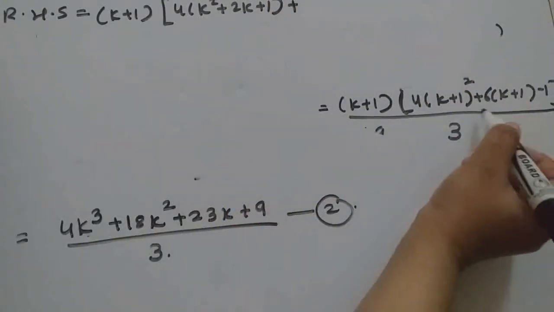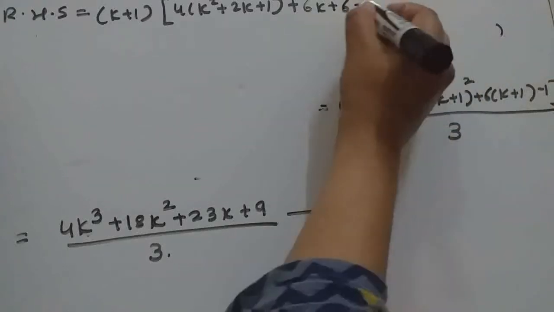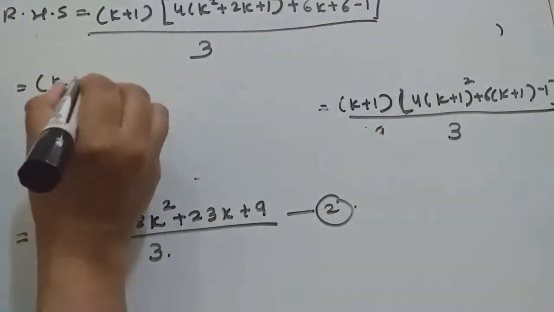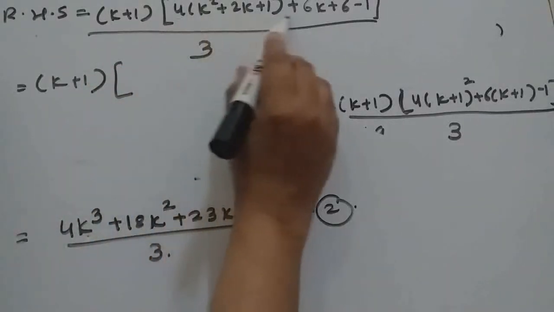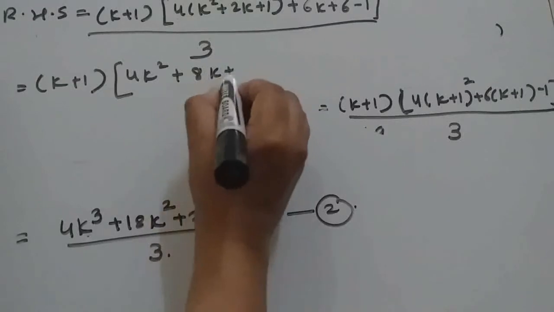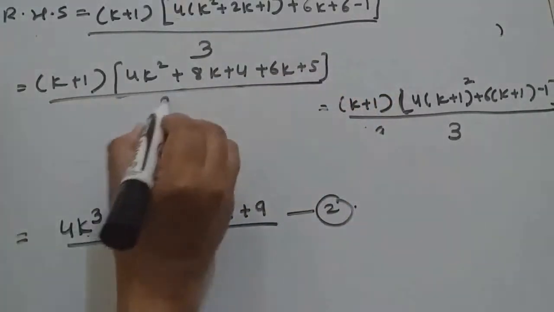This we can open directly, 6k plus 6, and then minus 1 is there, divide by 3. So from 4 we can multiply this, 4k square plus 8k plus 4 plus 6k plus 5, divide by 3.